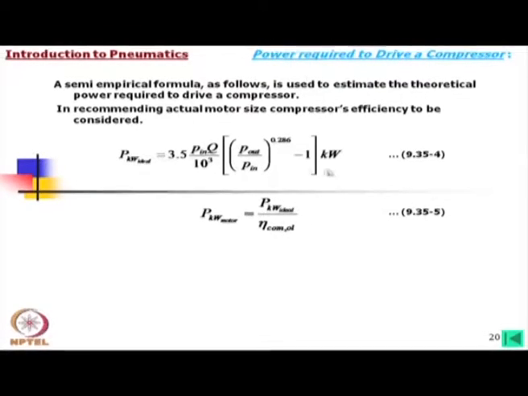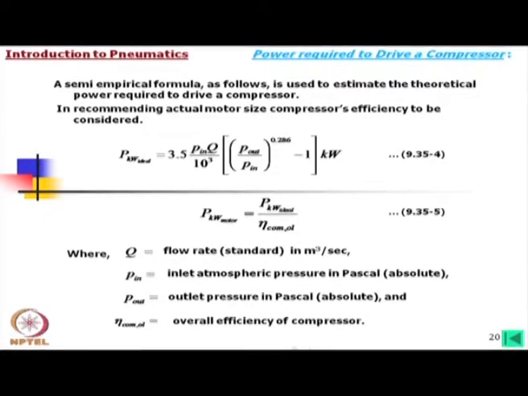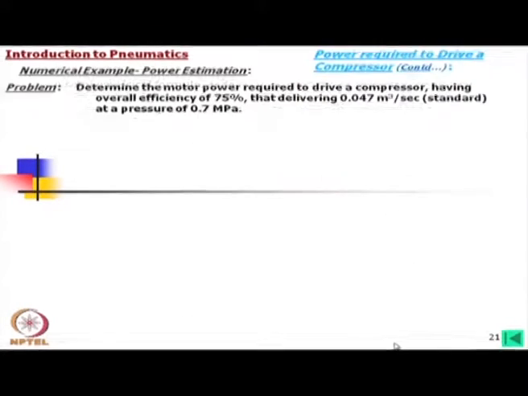So, we calculate the ideal one, and then divide it by the overall efficiency to calculate the power, where Q is the standard flow rate, P in is the inlet atmospheric pressure in pascals, P out is the outlet absolute pressure in pascals, and this is the overall efficiency.